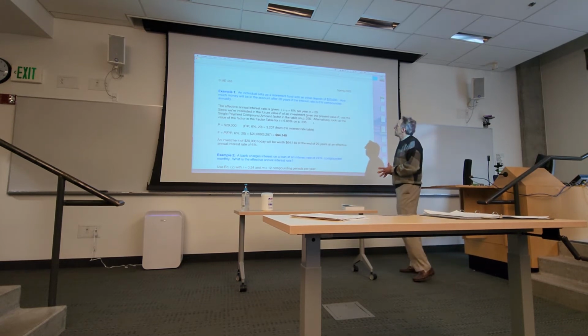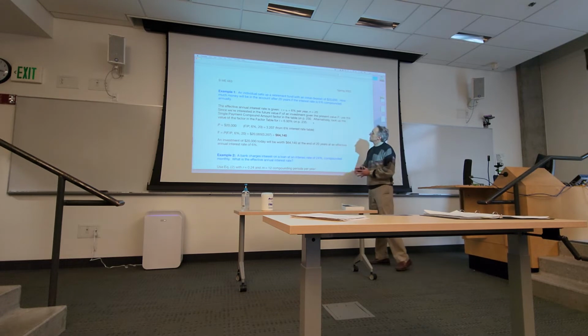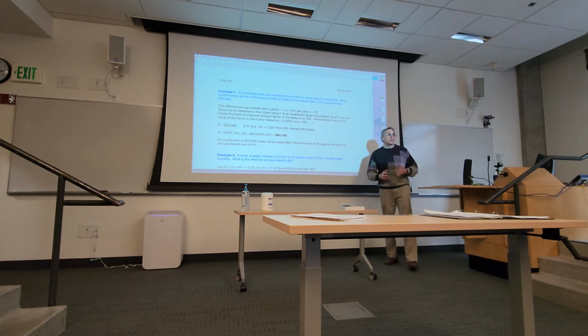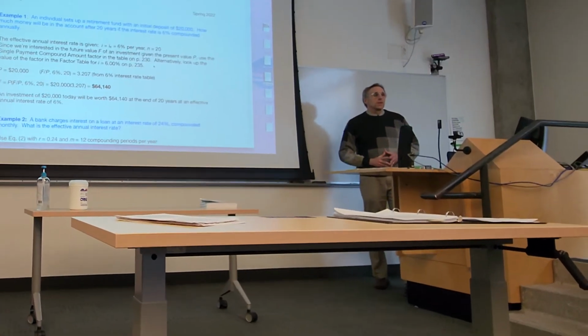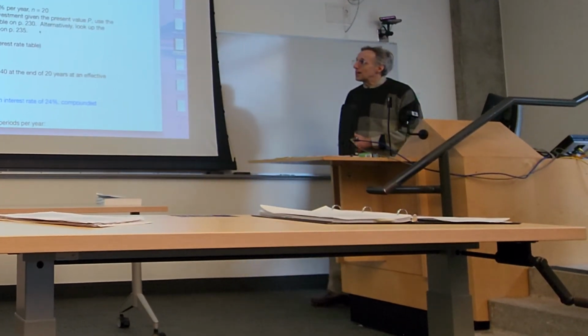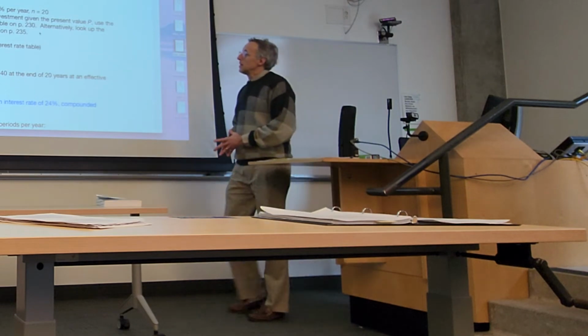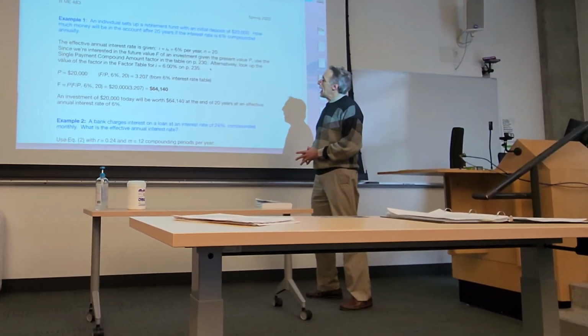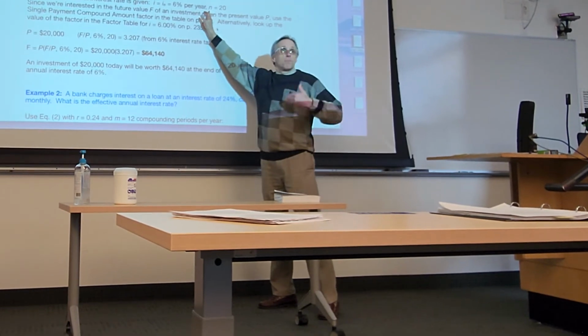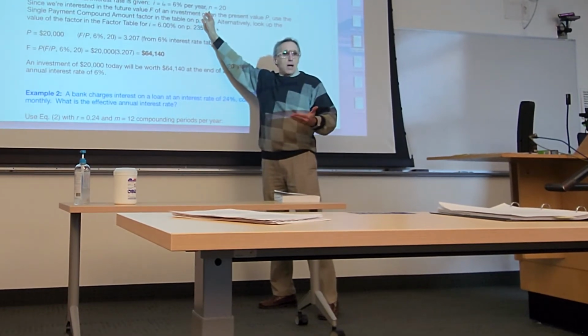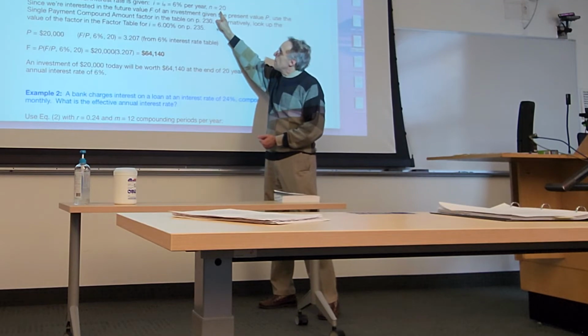And there are some examples here of how we do calculations with interest rates. An individual sets up a retirement fund, deposits $20,000. How much will you have after 20 years if the interest rate is 6% compounded annually? So it's an effective annual interest rate. And so i is 6% per year, and N is the number of periods of compounding, which would be 20.